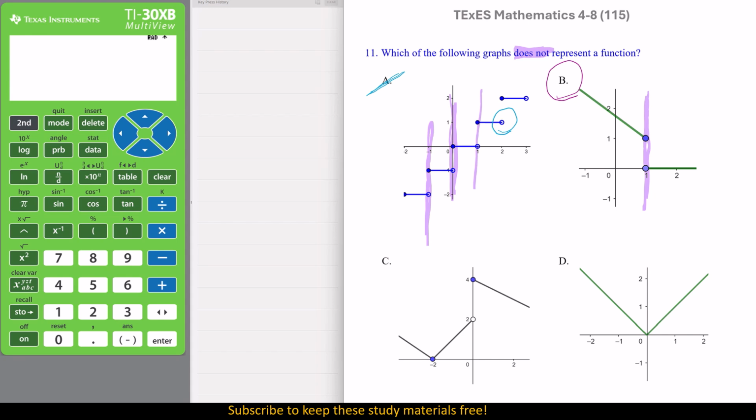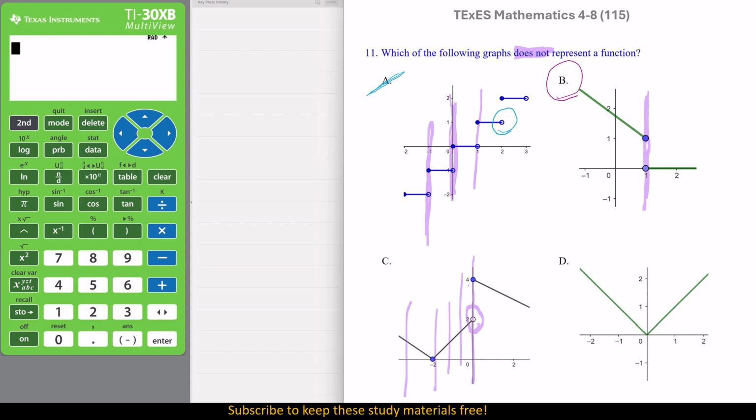So then let's look at C. When we draw our vertical line, everything passes. But then we have a question on the y-axis. But like I said above in A, this open point or open circle says you cannot count this point.